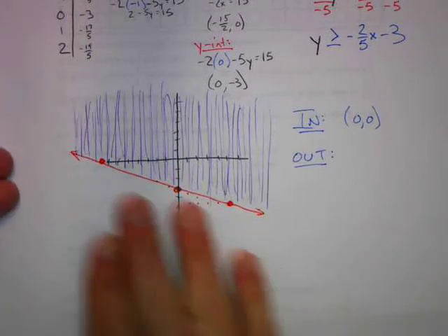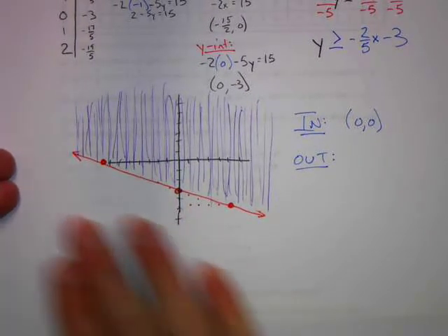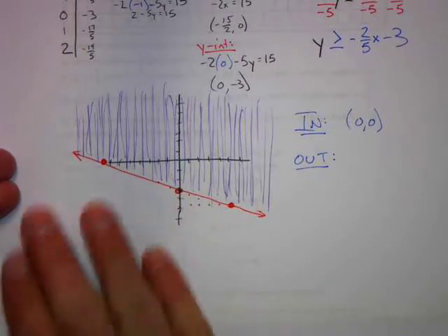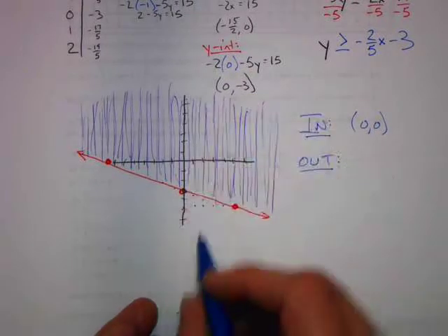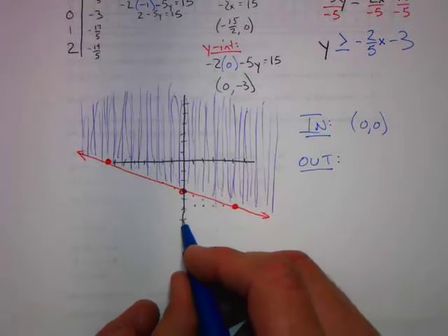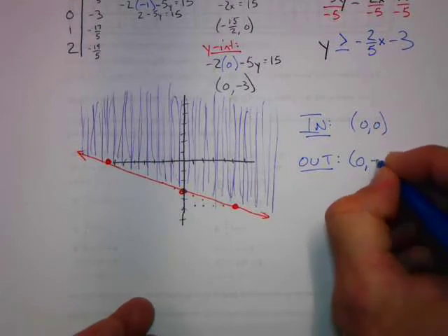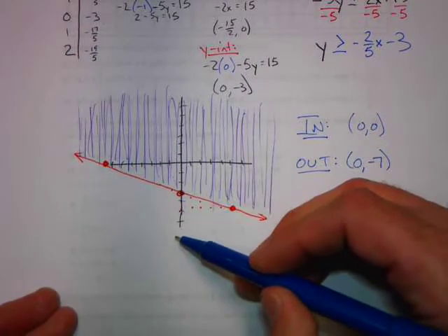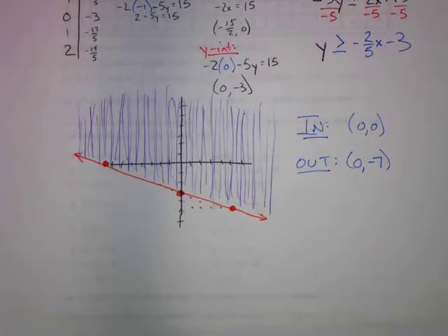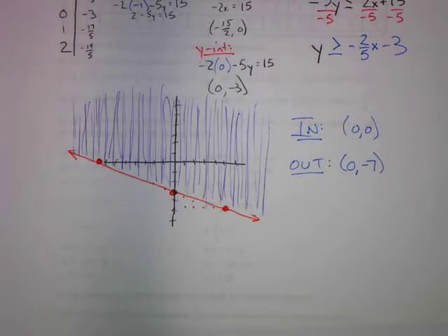And again, there's an infinite number of ordered pairs that aren't in the solution set. So you can give me any ordered pair that doesn't work. And again, I like to stick with stuff that's either the origin or on an axis. So a point like right here, 0, -7. That is not in the solution set. 0, -7 is down here. That's not in the shaded region. That's not in the solution set. So an example of something that's in the solution set, an example of something that's not in the solution set.